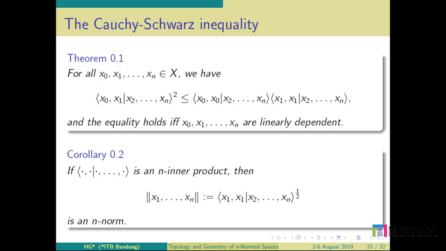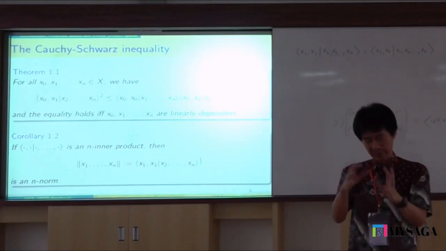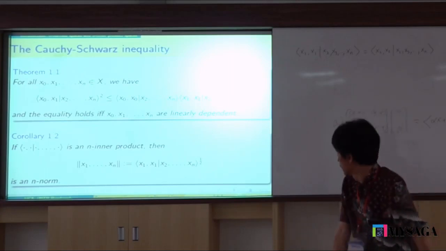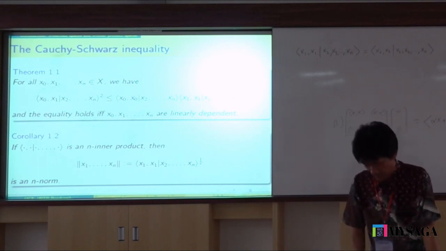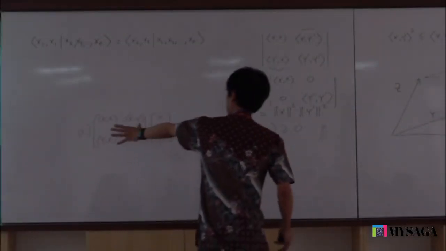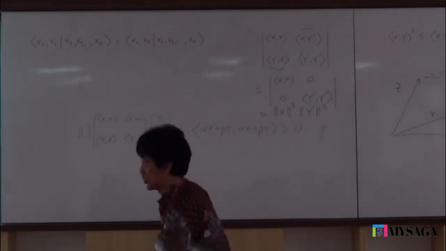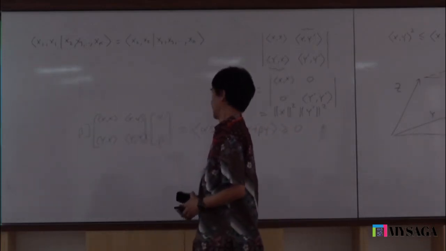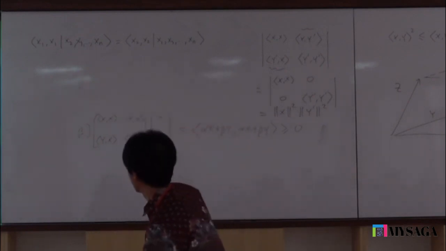You just deal with x0 and x1. The function is bilinear with respect to these two vectors, so you can prove it easily. You can do this thing, and then you use the first property. It's the same story that we have here.